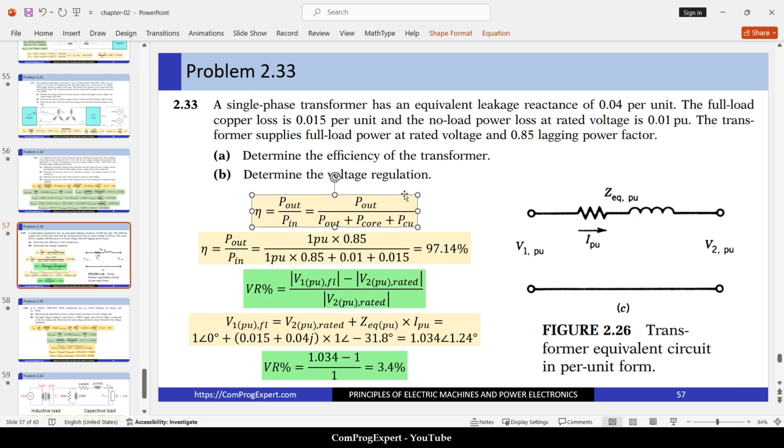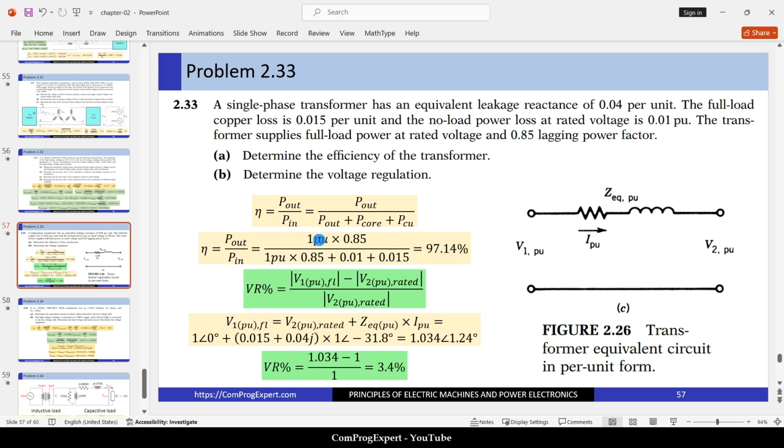And here is the equation that I am going to use to calculate the efficiency. We calculated the efficiency multiple times in the previous problems using the real values. This time we are going to use per unit numbers. Here the transformer delivers the rated power, 1 per unit. What is the value of the power factor? 0.85.